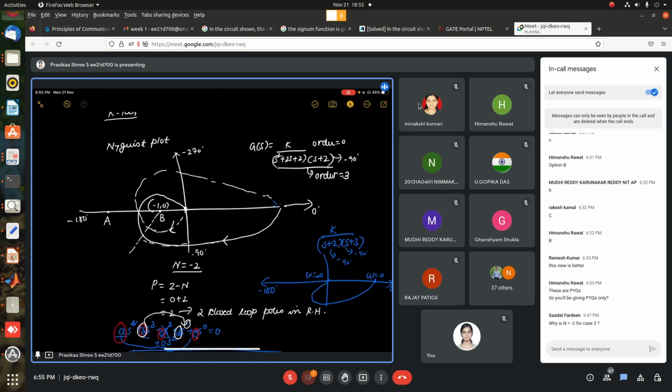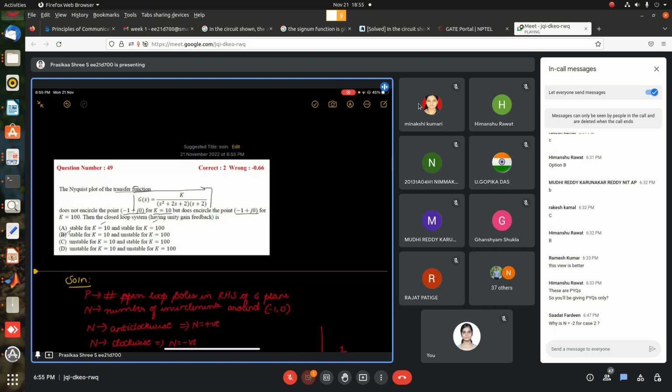For k equal to 10, -1 comma 0 is outside the Nyquist plot, which implies there are no encirclements. For k equal to 100, the point should be inside the plot such that there is encirclement. It is given in the question.